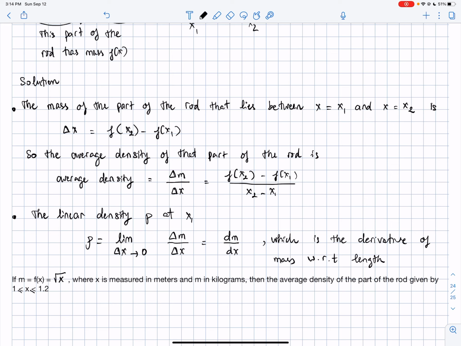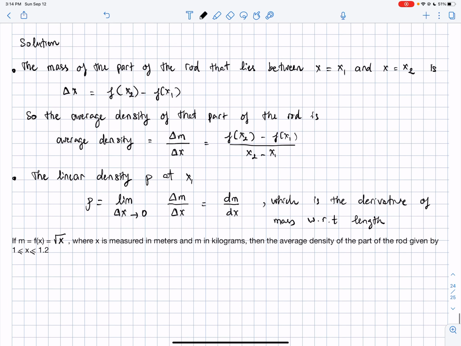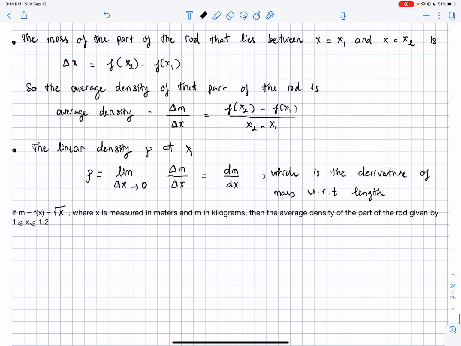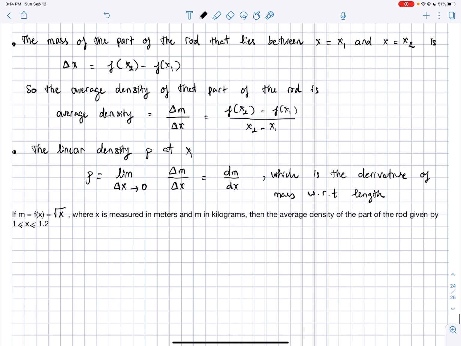Let's suppose that the mass is a function f of x equal to the square root of x, where x is measured in meters and m is in kilograms. Then we want to calculate the average density of the part of the rod between 1 and 1.2.